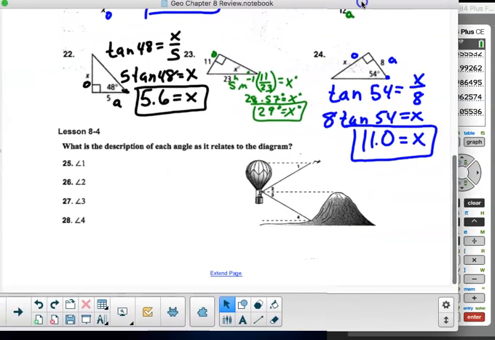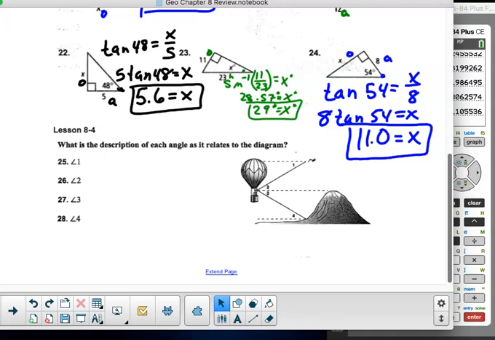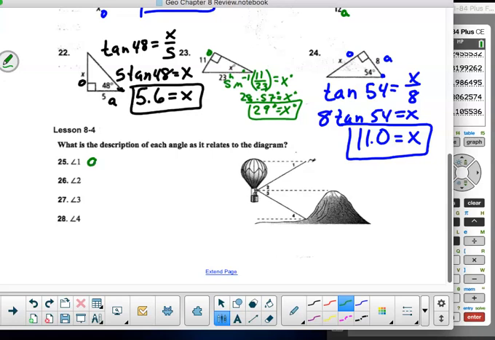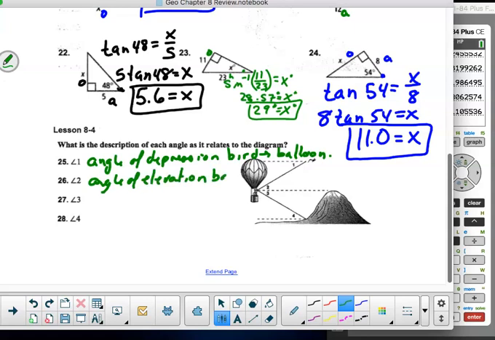Now, going on to this next one, we've got 8/4 going on for us. And angle 1 is angle of depression. And that's bird to balloon. Angle 2 is angle of elevation. Balloon to bird.